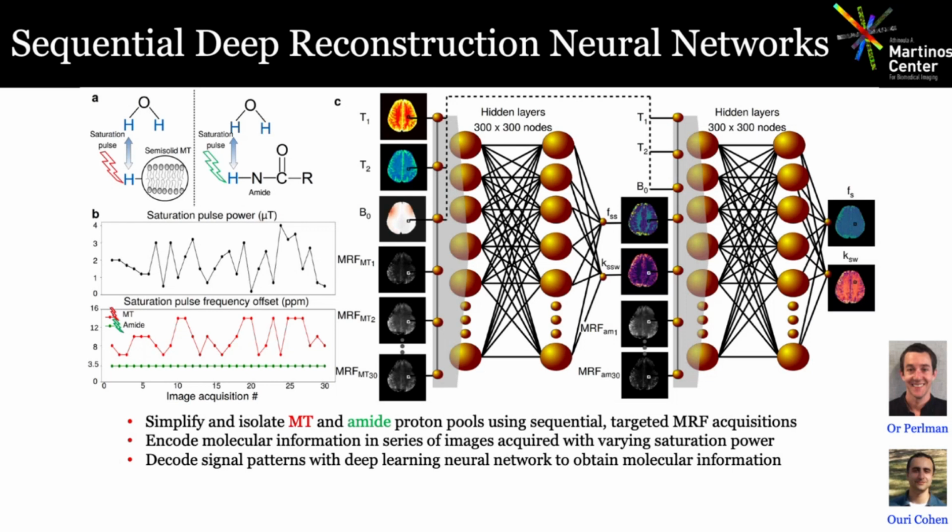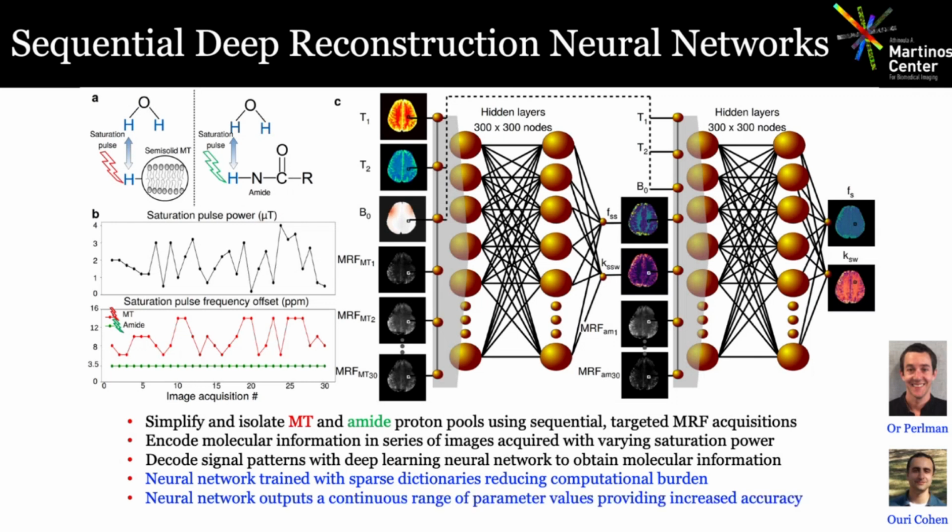So anyway, this allows us to isolate the 2 different pools, pin down one, and then use that information to get the other for the amide proton. And the nice thing is we can train the neural network with a sparse dictionary, so it's not so computationally expensive.